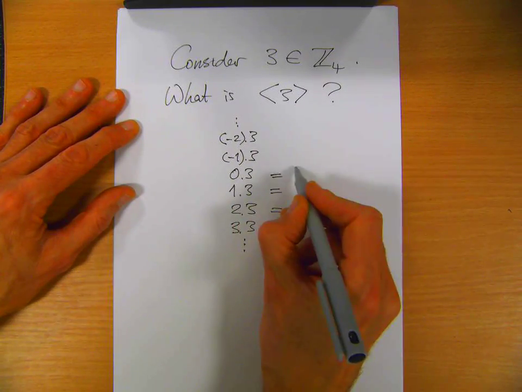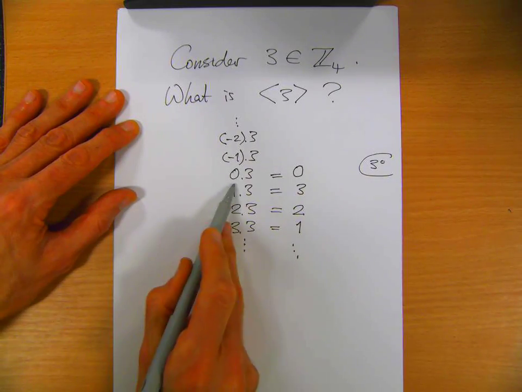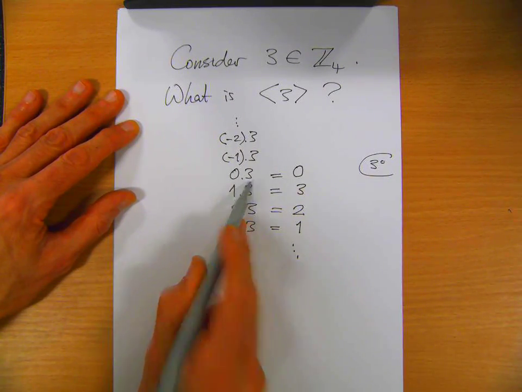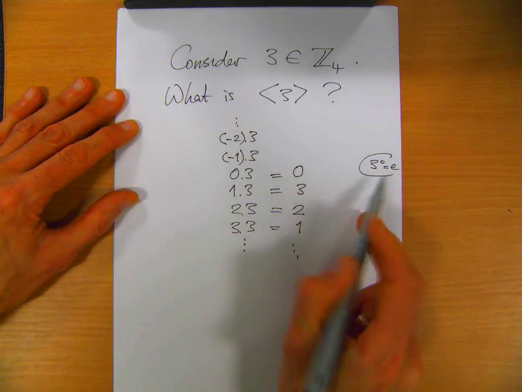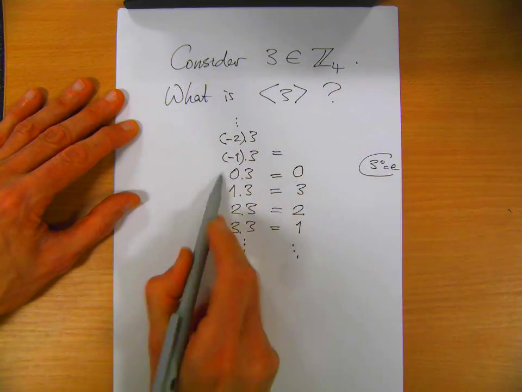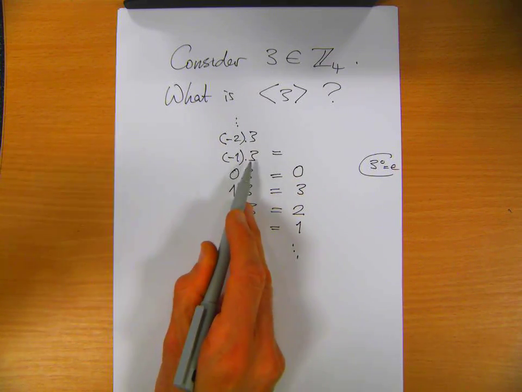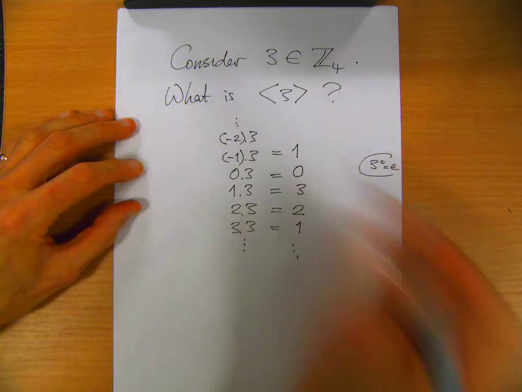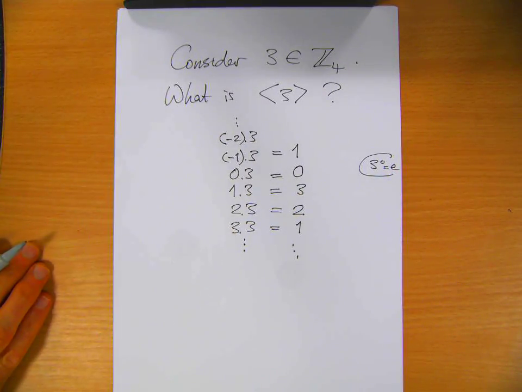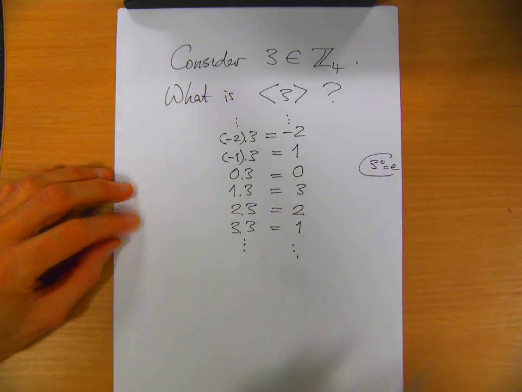This is always the identity, remember. That's the analogue of 3 to the 0, but we're using additive notation. So in multiplicative notation, we'd have the identity element, which is 0. Minus 1 times 3 is minus 3, which is the additive inverse of 3, which in fact is 1, because 1 plus 3 is 0. And then that's minus 2 and so on.